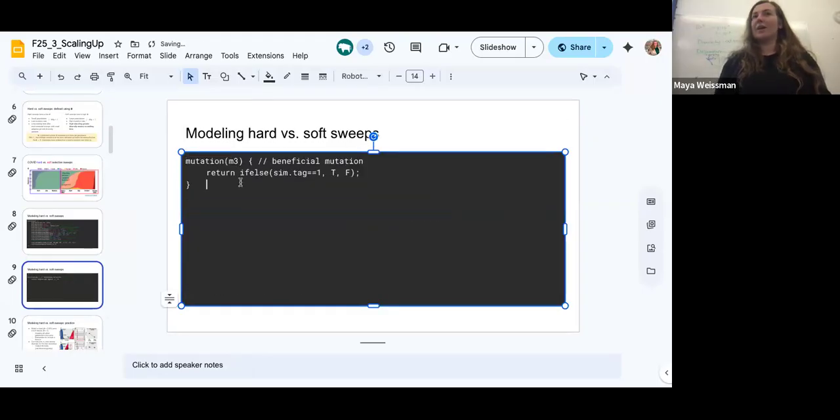You would need to use the syntax, and then you'd want to go 1 early, sim.addSubpop. Is it just subpop or subpopulation? And then sim tag.